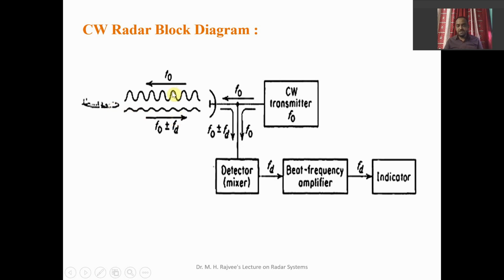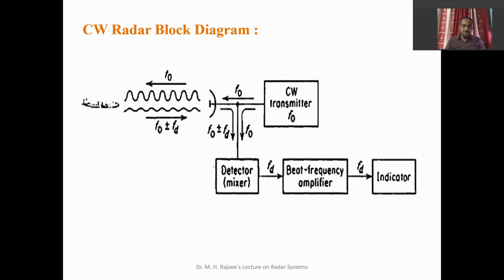There are two differences between the incident wave and the received echo. One is in its strength. As we have discussed in the previous lectures, the incident energy will be around 200 watts, 500 watts or even 1000 watts in some cases, which is very large, whereas the received signal will be of the order of milliwatts or microwatts in some cases.